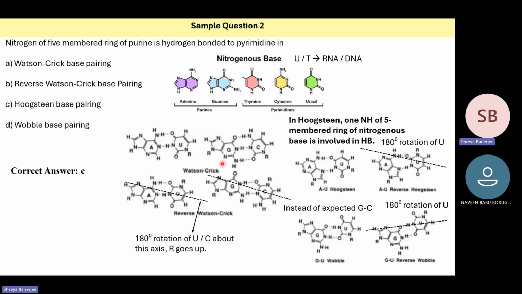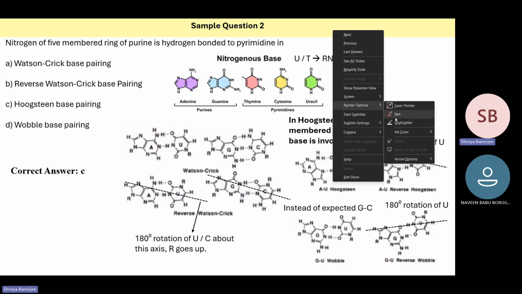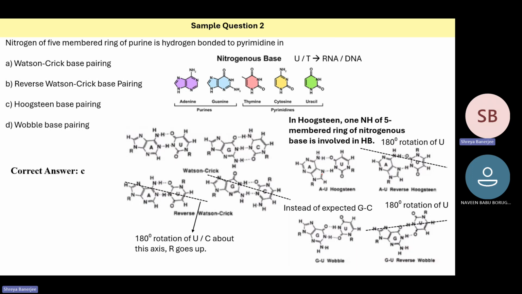The second kind of hydrogen bonding is Hoogsteen hydrogen bonding, where the pair is similar. You have A pairing with T or U and G pairing with C. But in case of Watson-Crick, the purine, only the 6-membered ring was contributing to the hydrogen bonding. In Hoogsteen, you have one nitrogen of the 5-membered ring and one hydrogen of the 6-membered ring.